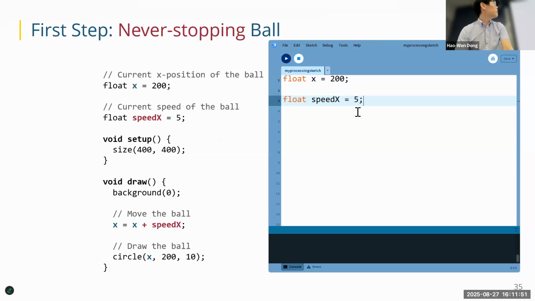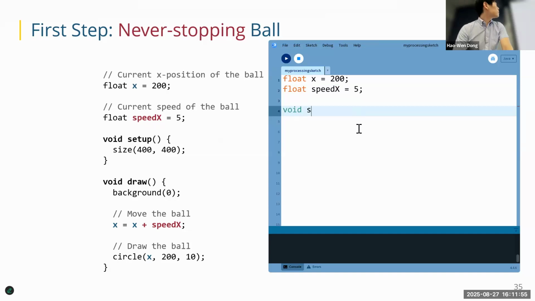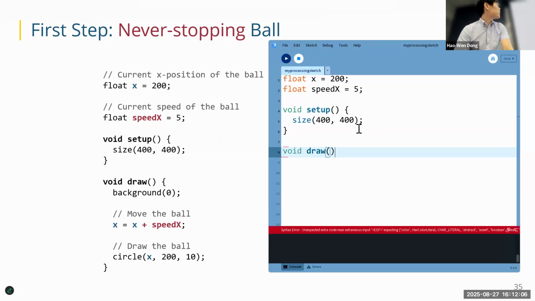That's the speed of the ball. We set up size 400. Cool. Void draw. That's the main function. Background 0 or 50, whatever.